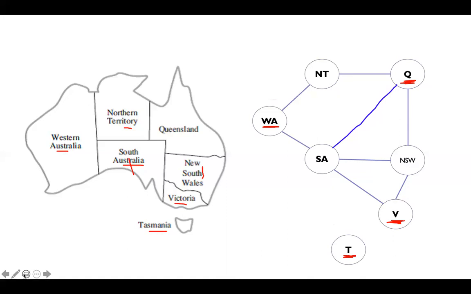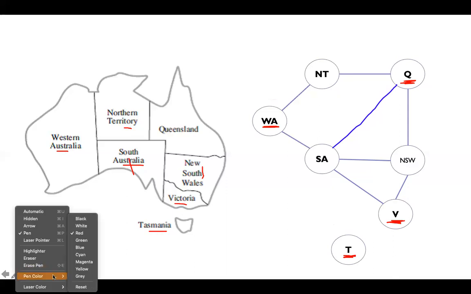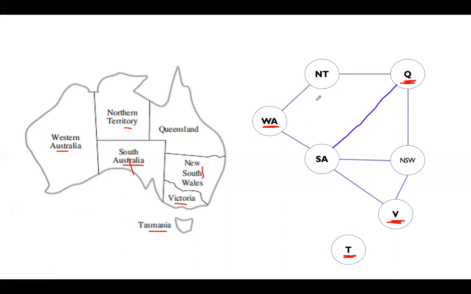Next, we shall assign one more color, say green. I will start with this vertex. I will assign green here, and I can assign the green color to this vertex. But I cannot assign the green here because they two are adjacent.